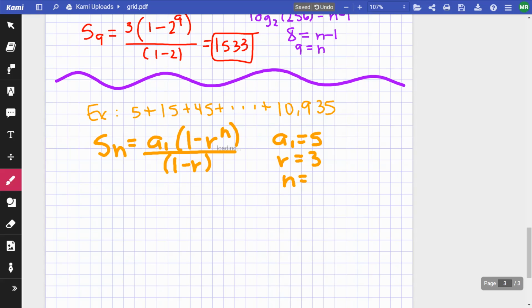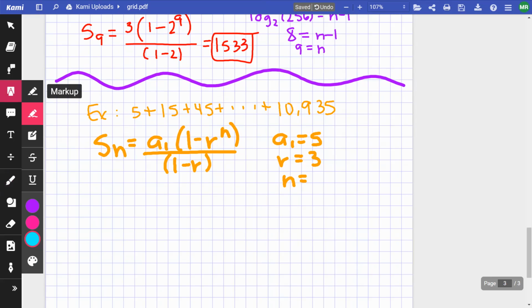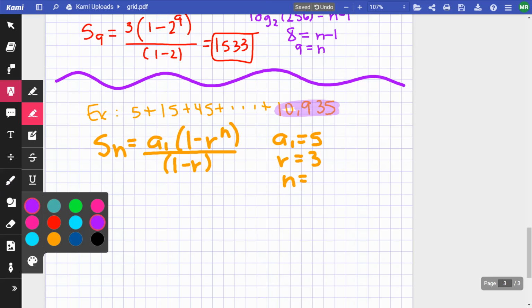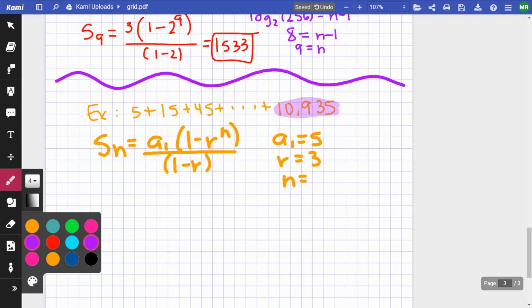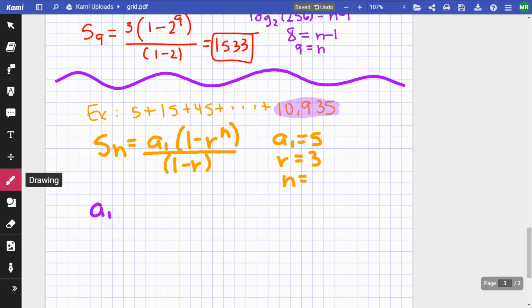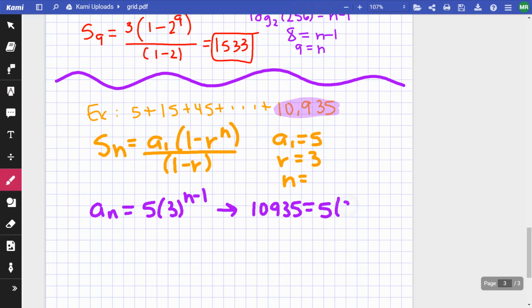And to find my n, I am going to take this term right here and figure out what it is. So I know that a sub n is going to be 5 times 3 to the n minus 1. So I know that 10,935 is equal to 5 times 3 to the n minus 1.